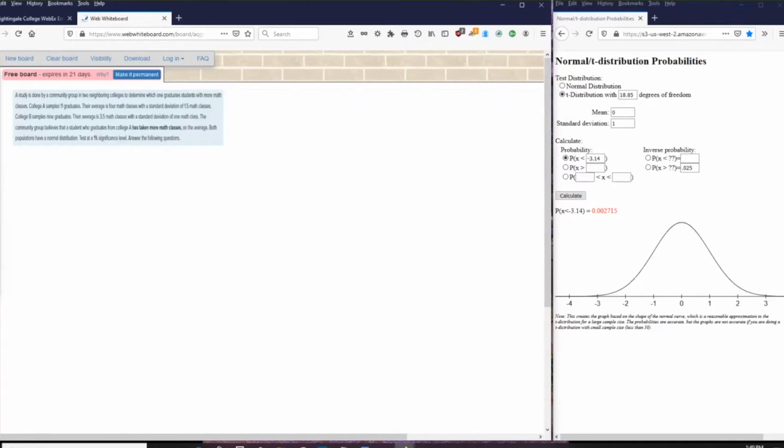Okay, so let's write out what this tells us. College A has a sample of 11. Its mean is 4, and its sample standard deviation is 1.5. With College B, my sample size is 9.